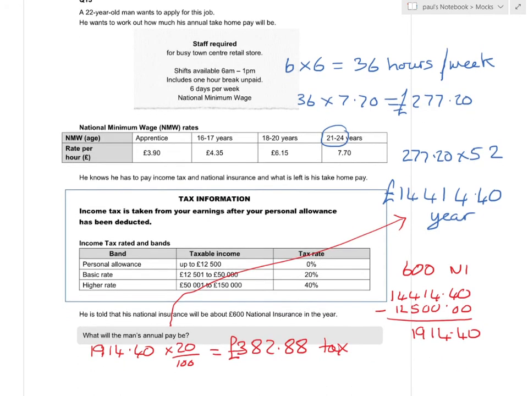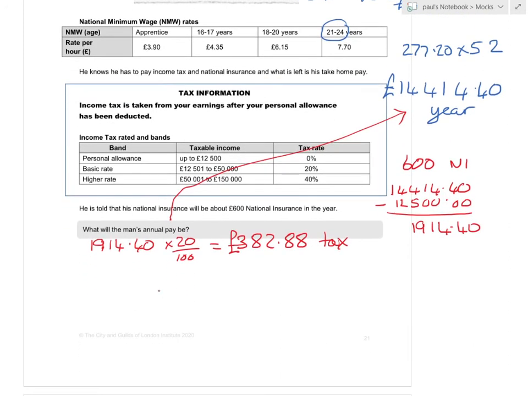So, come down a little bit here. So he's got 14,414.40 minus the 600 and minus the 382.88. That's the national insurance and that's the tax. So how much is he left?